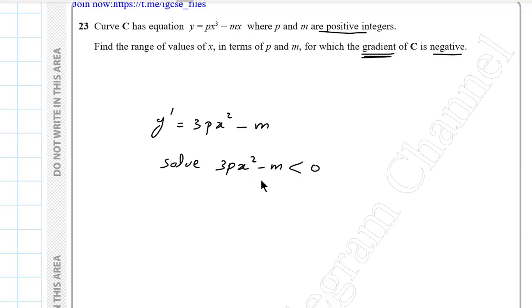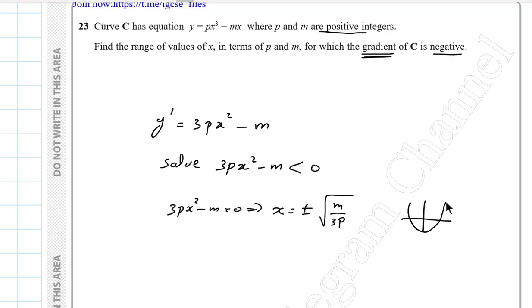If we look at this as an equation, 3p x squared minus m equals 0, we can say that x squared equals m over 3p, or x can be written as positive or negative square root of m over 3p. If we look at this function, it's a parabola which is open upward, and has the y-axis as an axis of symmetry.